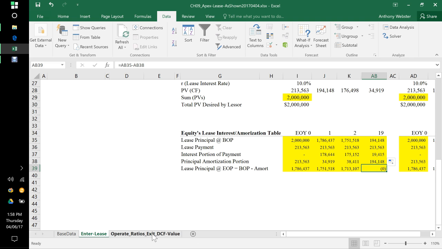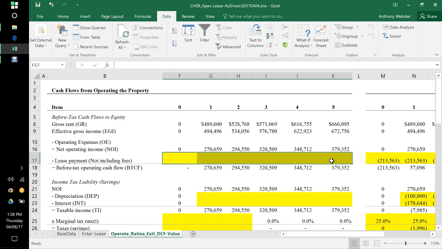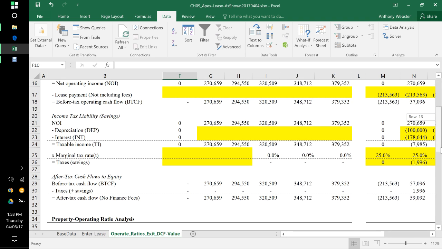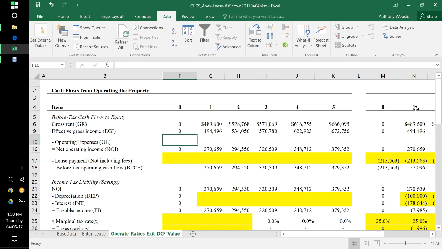So now we're ready to look at how they're going to operate this property. And it looks like I should have erased something here that I didn't. So I'm just going to delete that and then get all our comprehensive cash flows together and compute an NPV, etc. Okay, so their strategy remains that they want to operate this property for 5 years and then exit.